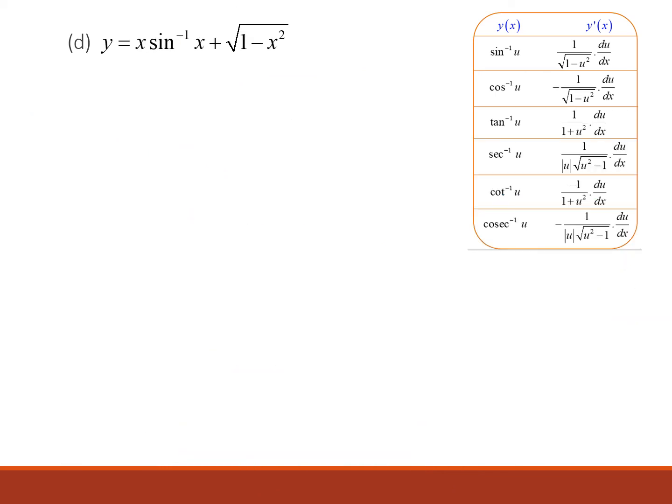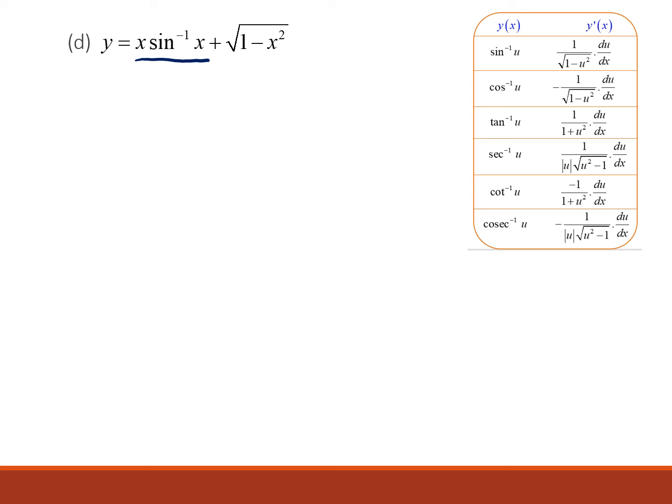So this is the last question. You can notice here, this is the product of two functions, which is x and arcsine of x, plus the square root of 1 minus x squared. So for this first term here, we need to use the product rule in order to solve this derivative.